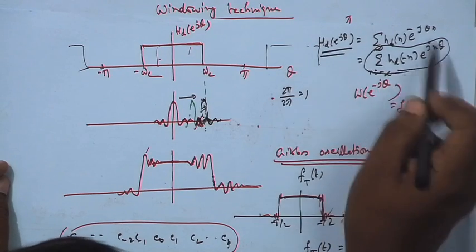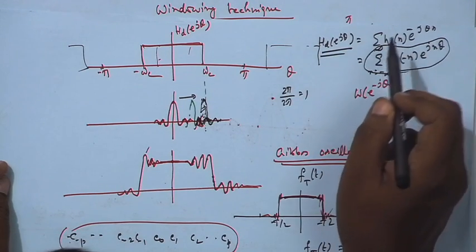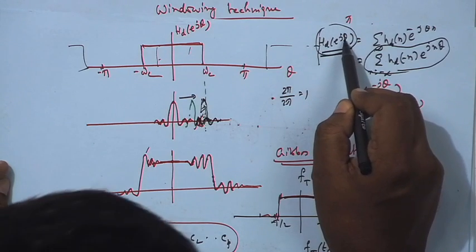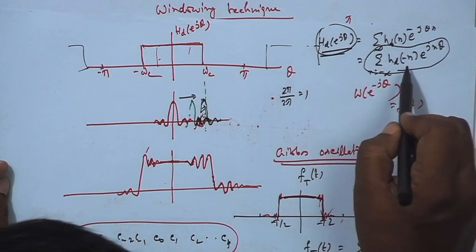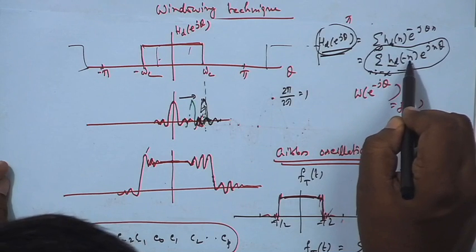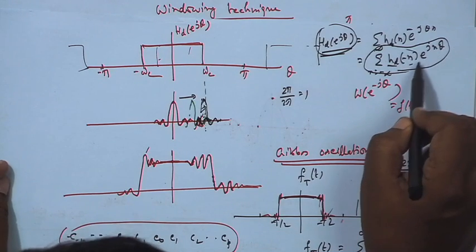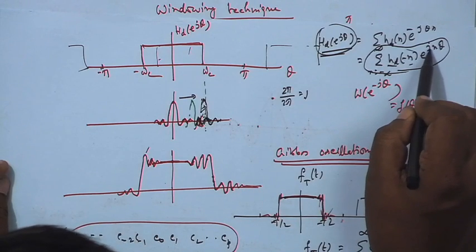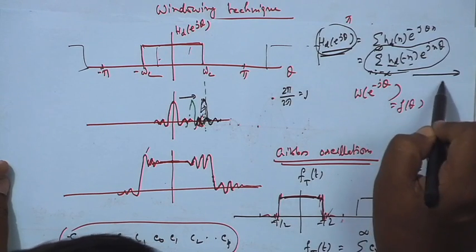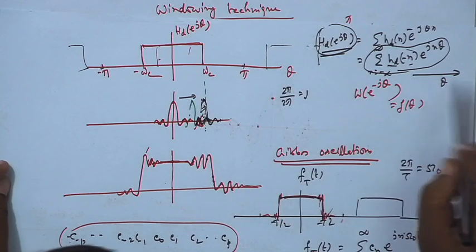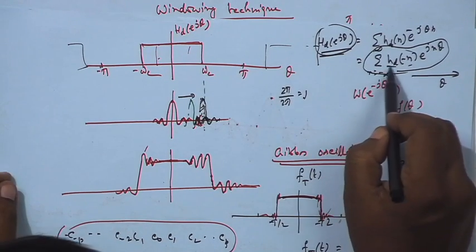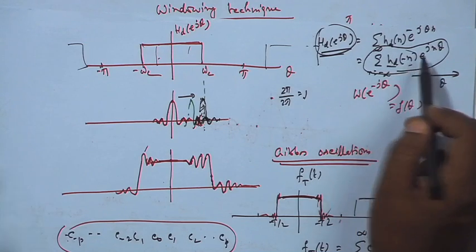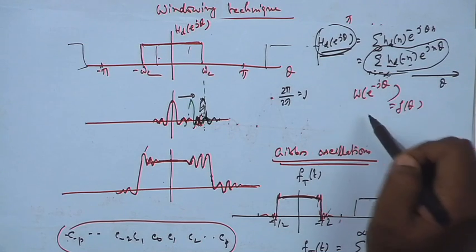The DTFT expansion is nothing but a classical Fourier series expansion of this periodic function of theta, where this is the Fourier series coefficient for n times the fundamental, e to the power j n into 1, since 1 was the fundamental. So, for the nth harmonic, where this axis is theta, its corresponding coefficient is h d minus n. You can give it any name, h d prime n, whatever, and it goes from minus infinity to infinity.